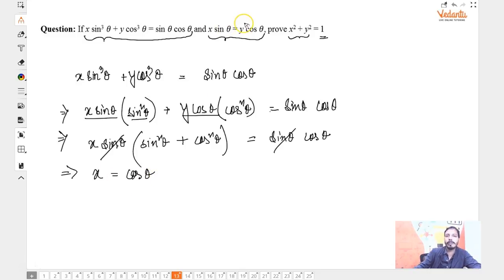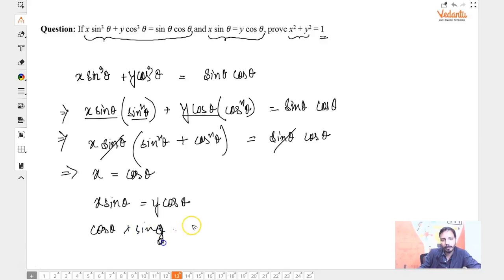Now let me put this value in this. So we know that x sine theta is equal to y cos theta. So let me put this value of x here. So if x is cos theta, so cos theta into sine theta will be equal to y cos theta, and this cos theta cancels.